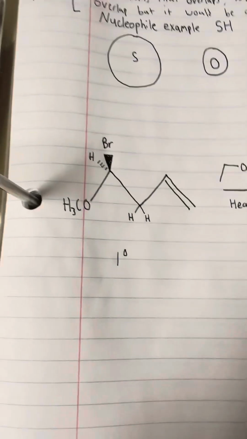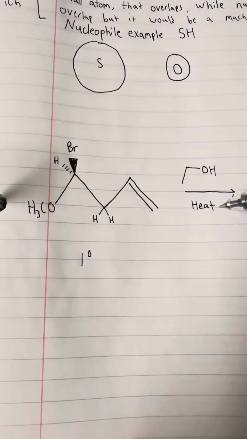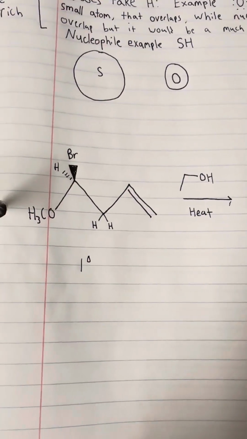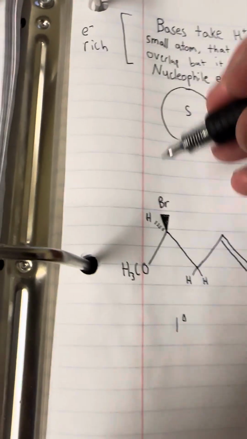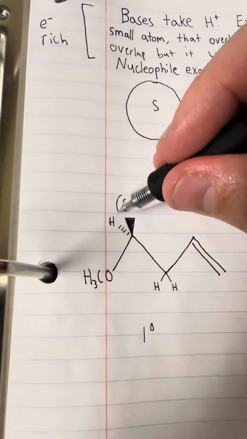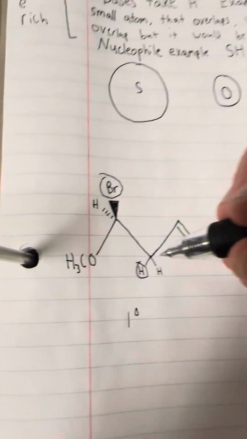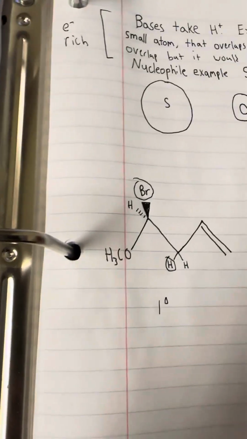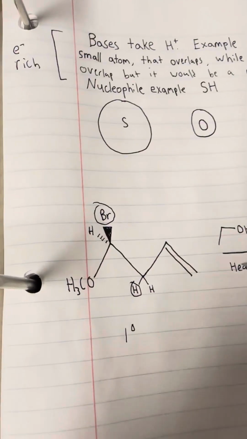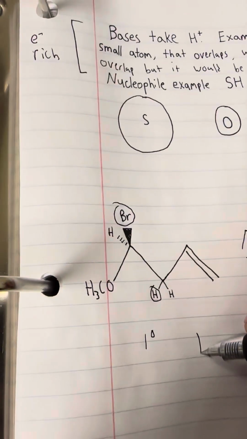We also know there's going to be heat in this reaction, which generally favors elimination. If we're going to do elimination, we can circle the leaving group, and circle the hydrogen down here because this is the nearest carbon to it. We know this is going to come in, so we'll go down here.